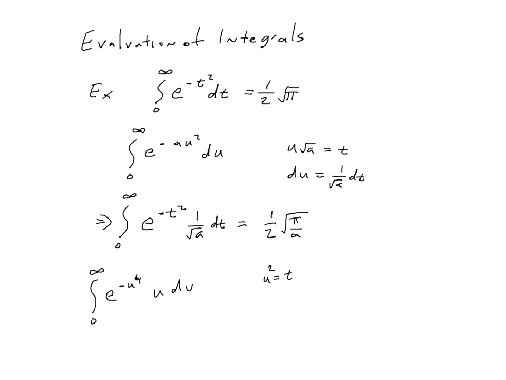If u squared is equal to t, then 2u du would be equal to dt, and so then this equation can become the integral from 0 to infinity of e to the minus t squared, and then a factor of 1/2 dt, which is equal to 1/4 square root of pi.